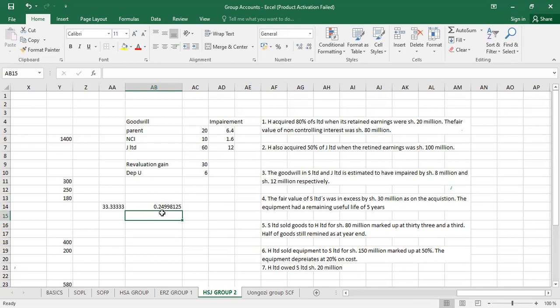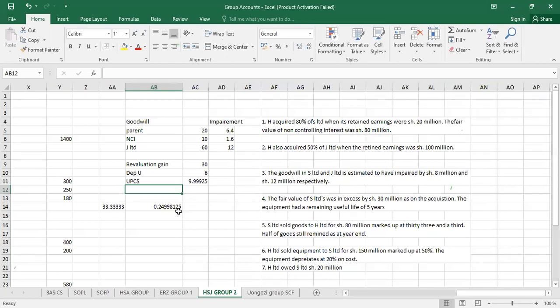So this one is the profit margin. Then a half of the goods remained. So unrealized profit on closing stock equals the profit margin, we multiply by 80, then we multiply by a half, because a half still remained.